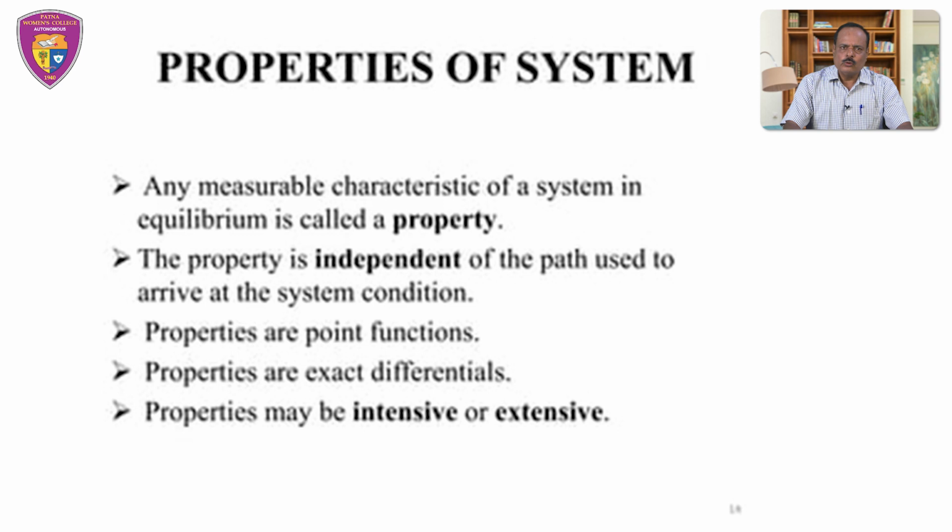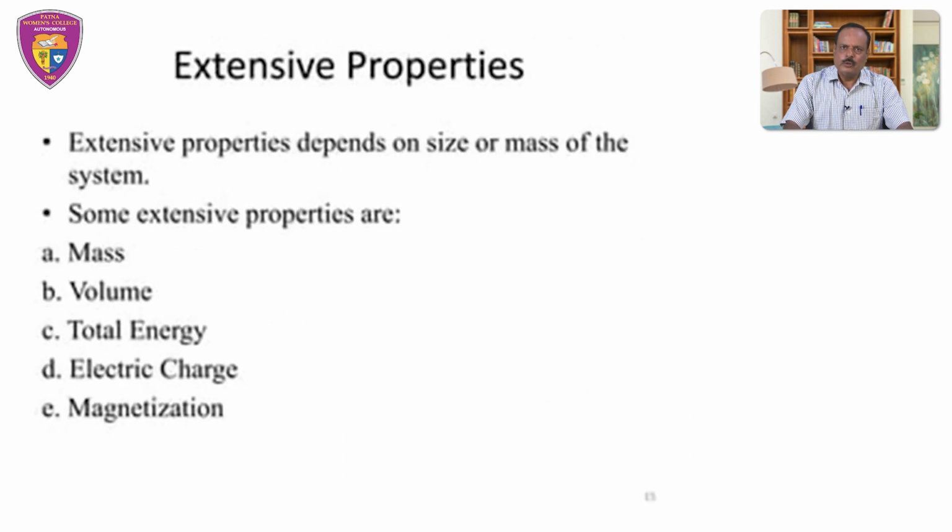The various macroscopic properties of the systems are divided into two categories: extensive properties and intensive properties. An extensive property depends upon the amount of substance under consideration. For example, mass, volume, internal energy, heat content, free energy, entropy, heat capacity are examples of extensive properties.